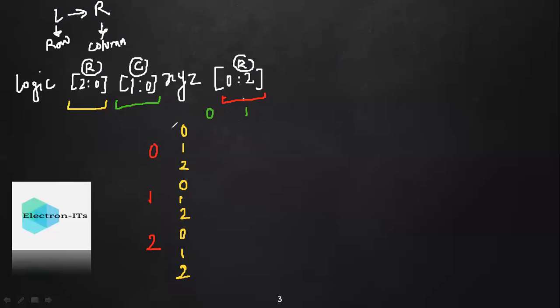So now if you want to locate this element xyz of 1, then 1 and 0. So 1 1 and 0. Where will it be located? First you have to focus on the initial, which is unpacked.